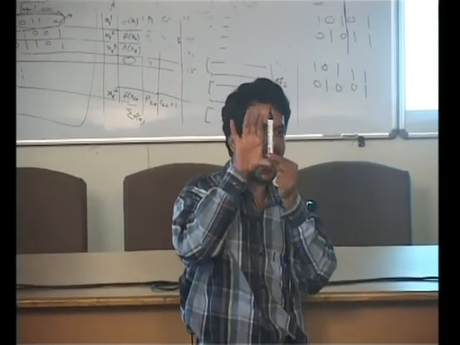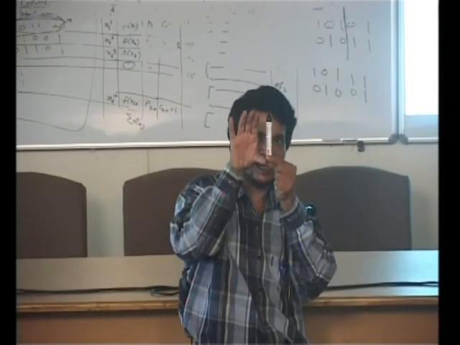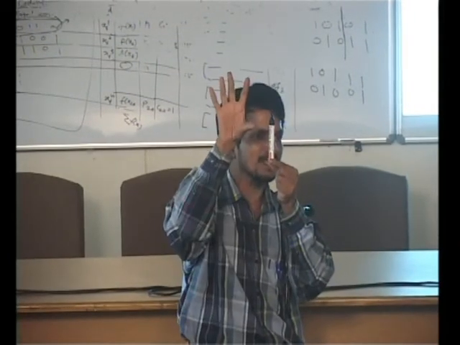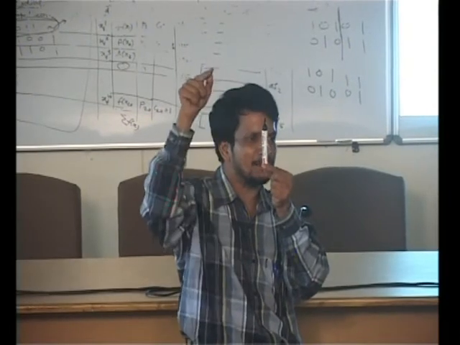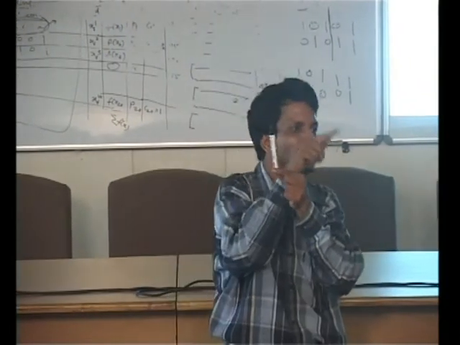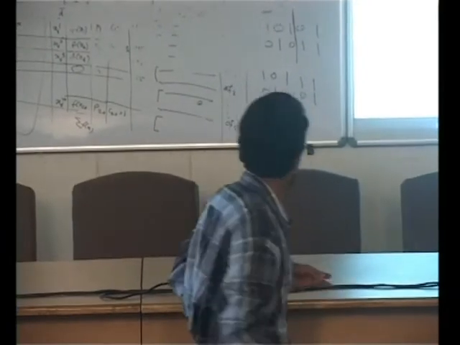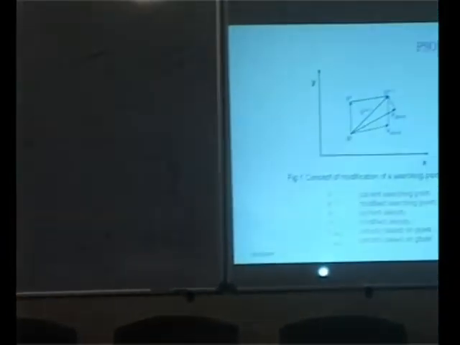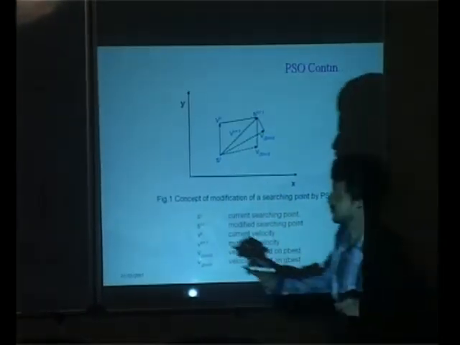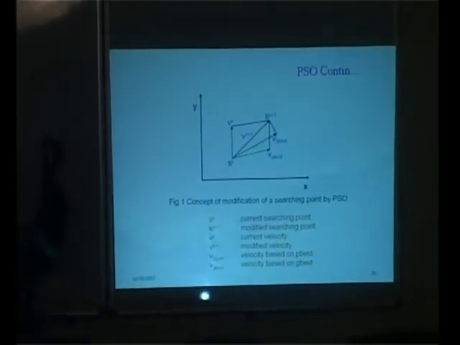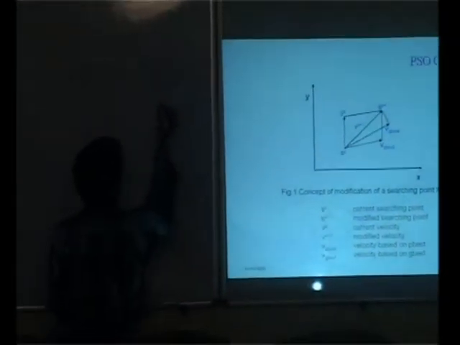If you want to move this particle with a lesser or larger velocity, then you multiply this velocity vk with a weightage w. This is the position of the particle sk, and this is the velocity vk.